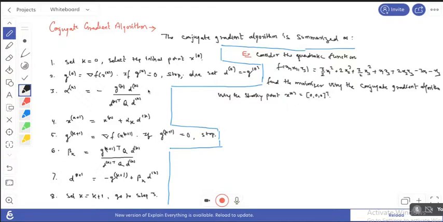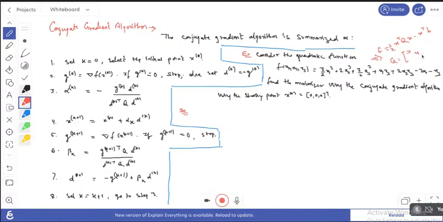Now, for the solution of this problem, we represent this function f in quadratic form. We can write f equals 1 by 2 x transpose Q x minus x transpose b. What is Q here? Q is taking half here: the diagonal entries are 3, 4 and 3.